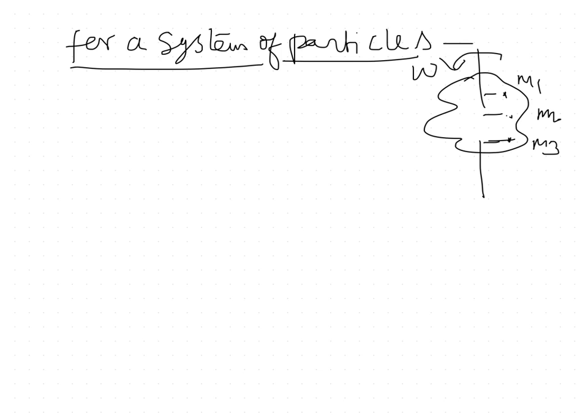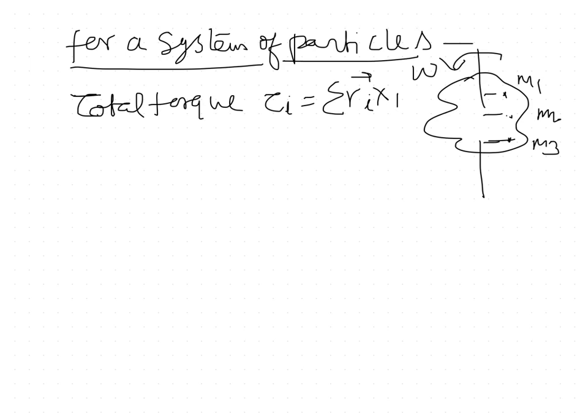Then the total torque acting can be written as tau equal to summation ri cross fi. So that represents the total torque acting on the system of particles.